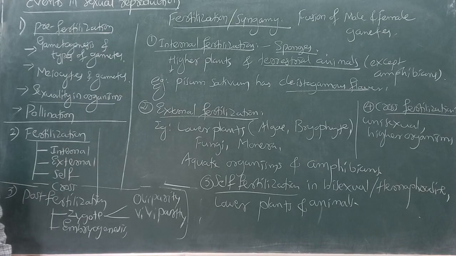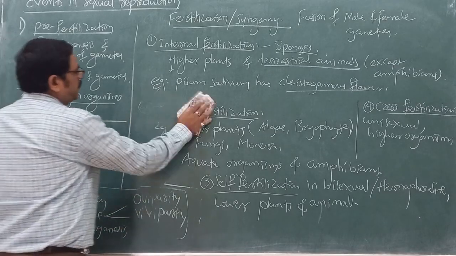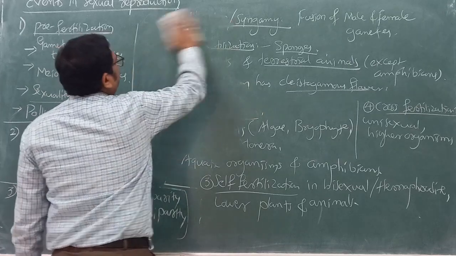Now post-fertilization. So what is that post-fertilization? What will happen after fertilization? Once it is done, fertilization is over, what is the thing going to happen after that? That is called as mainly formation of the zygote and development of the embryo. So let us go ahead with this.